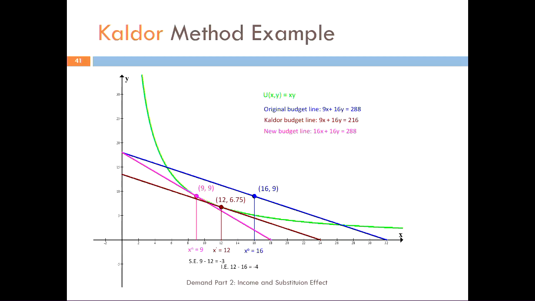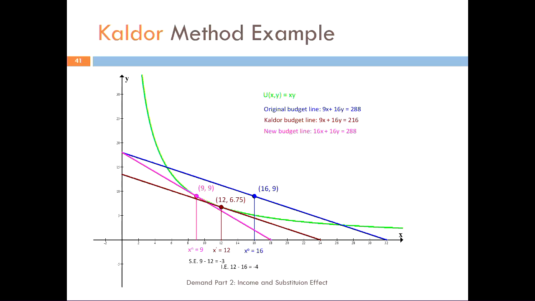And then going from 12 to 9, that's the substitution effect, because we're changing the relative price. You can tell by the changing slope of the budget lines, but you're still on the same indifference curve, the new indifference curve. So there's no income effect according to the definition that real income is unchanged if utility is unchanged. So that's why the substitution effect is -3 and the income effect is -4 in the Calder method.